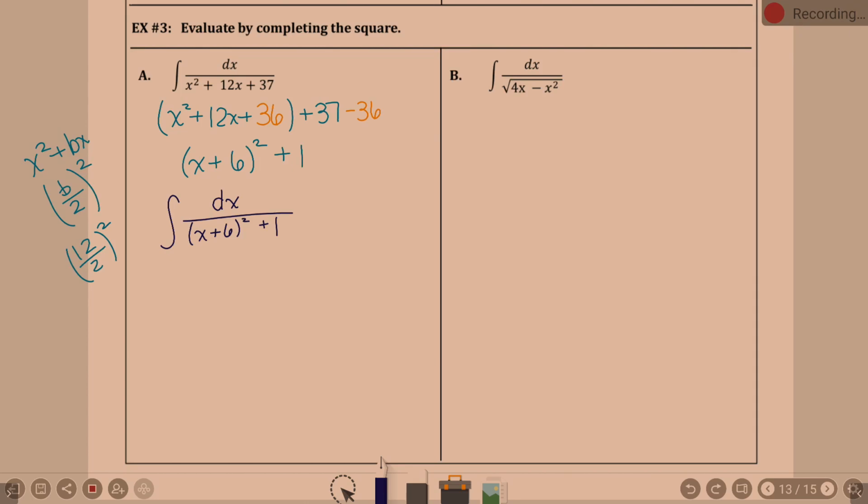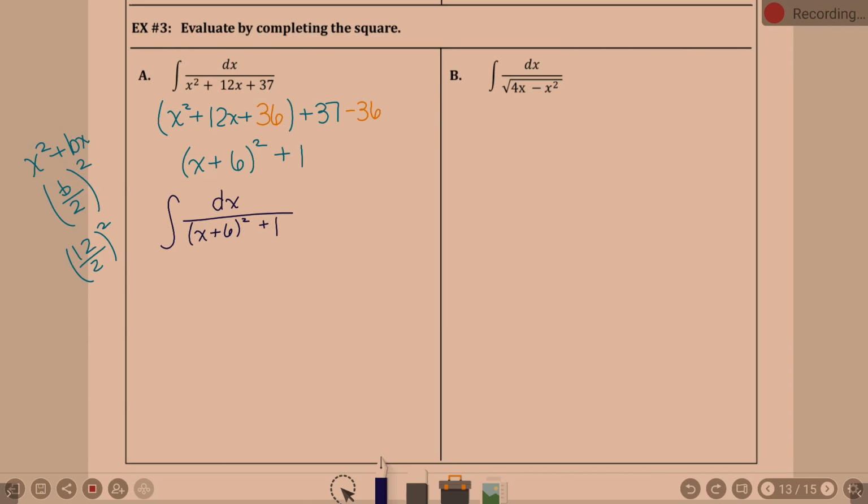Now, this goes along with something we did yesterday. This is in the form of something we did yesterday. This is tangent inverse.